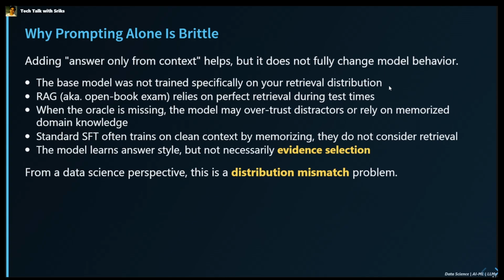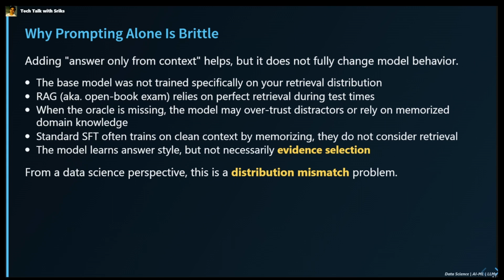And RAG specifically relies on the assumption that retrieval is always best. So when an Oracle document is missing, the model may overtrust the bad documents, or use its own memory to deal with the domain knowledge. So it happens even when you use better prompting techniques like chain of thought prompting or asking the model to ground. But in all these cases, we are assuming that the retrieval is always correct.